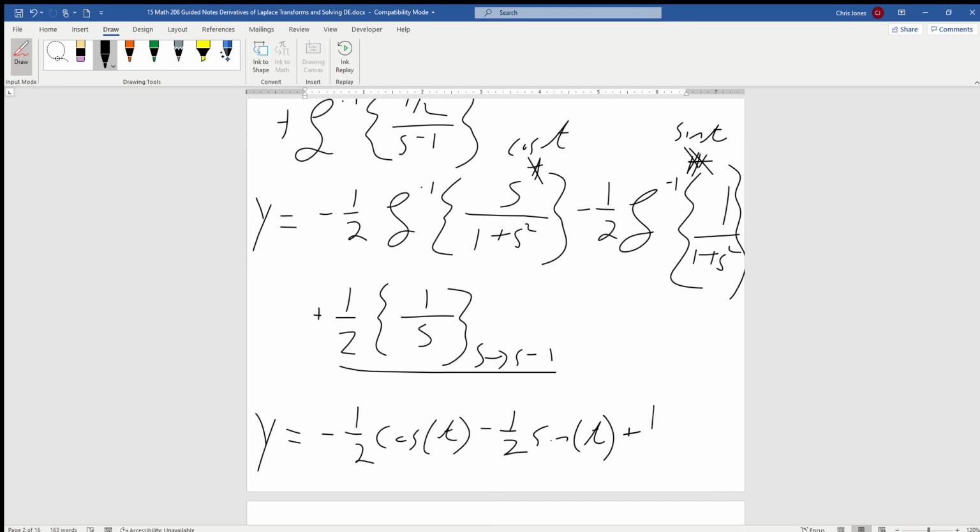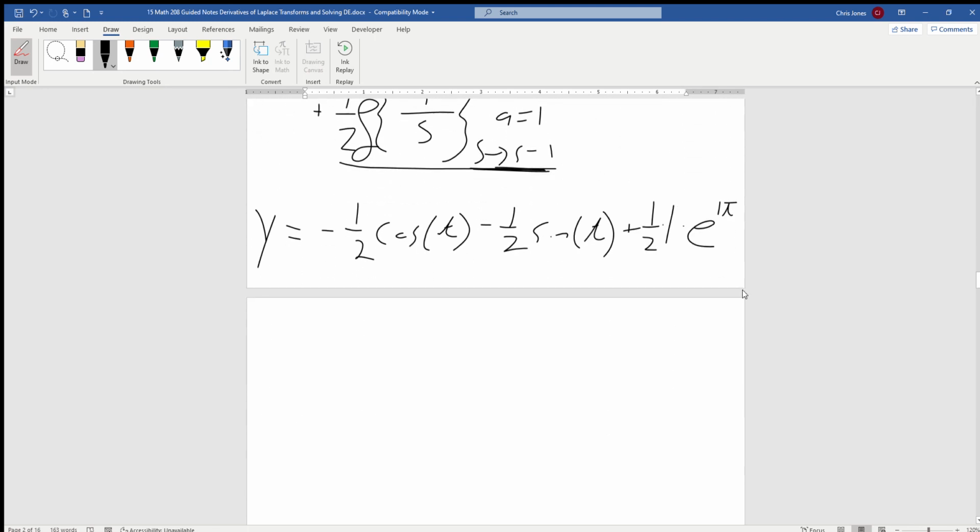And then finally for the last one, since a is equal to 1, we know that the inverse Laplace of 1 over s is 1. And by the first translation theorem, as s approaches s minus 1, that's going to be e to the 1t. Right?